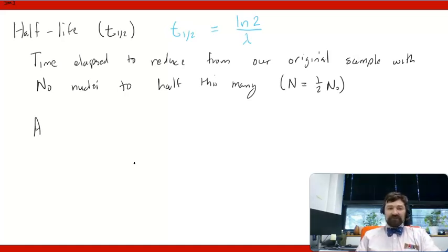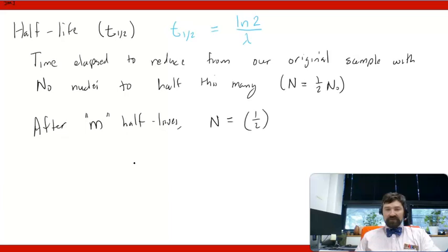So after, let's say, m half-lives, N will equal 1/2 raised to the power of m times our original number.